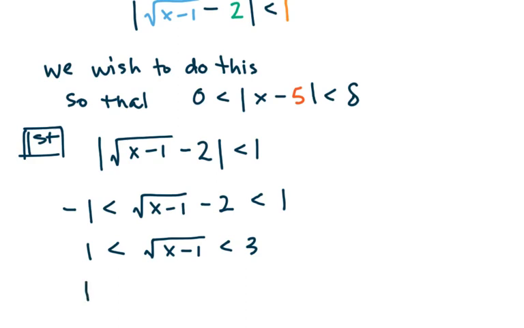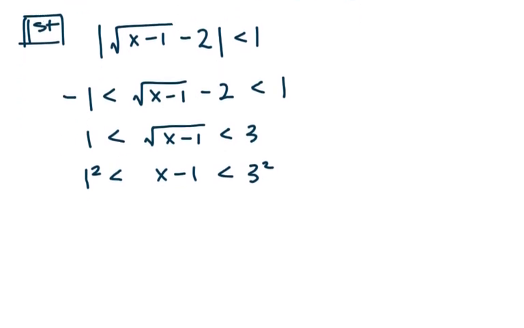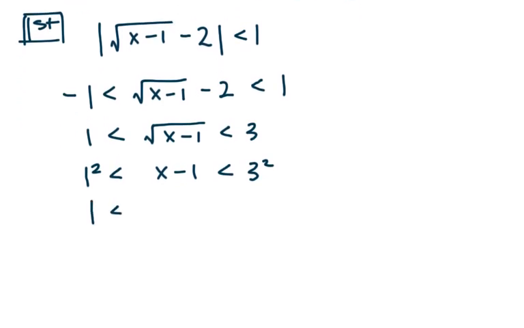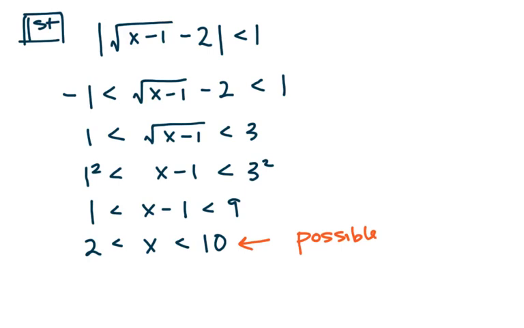Square both sides: 1 is less than x minus 1 is less than 9. And then add 1. So 2 is less than x is less than 10. This is my possible horizontal interval.